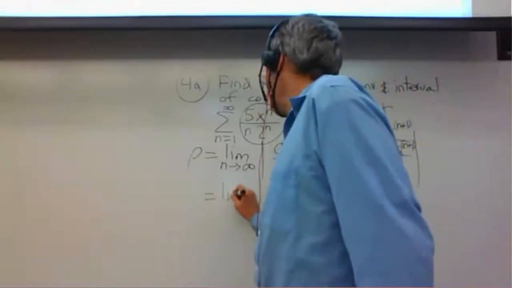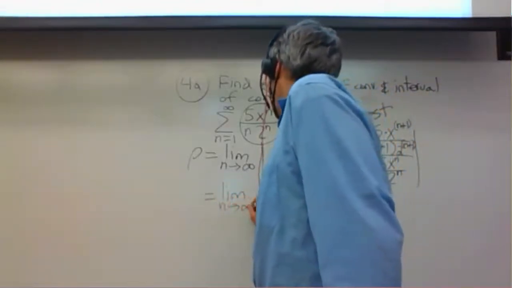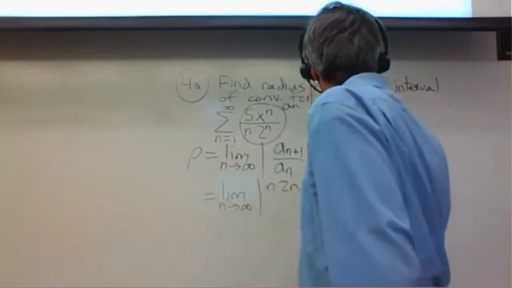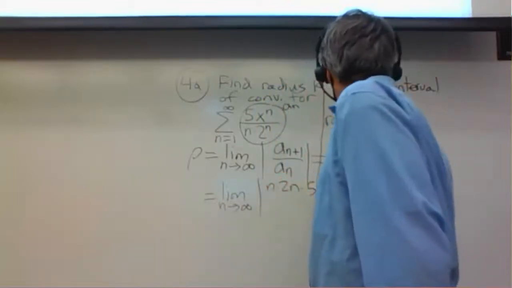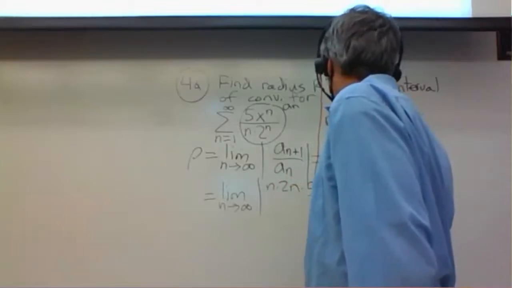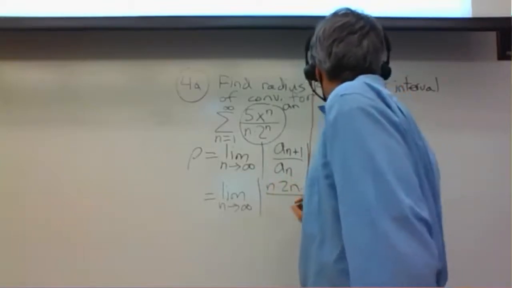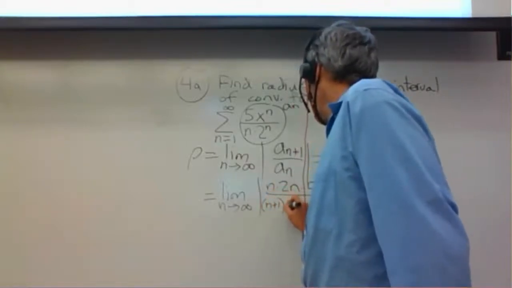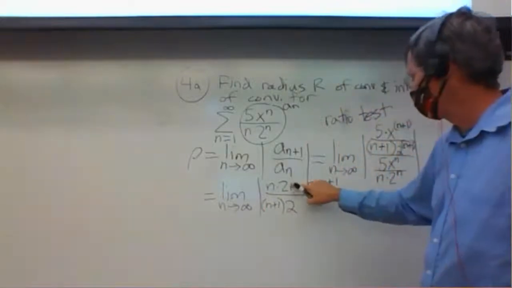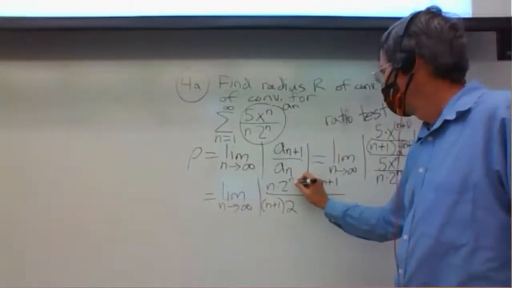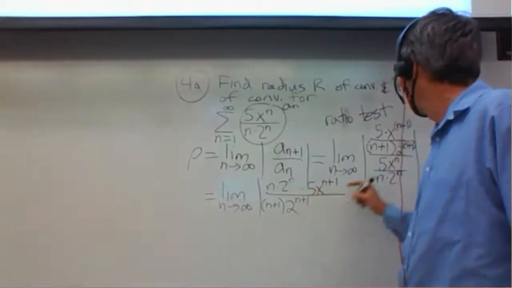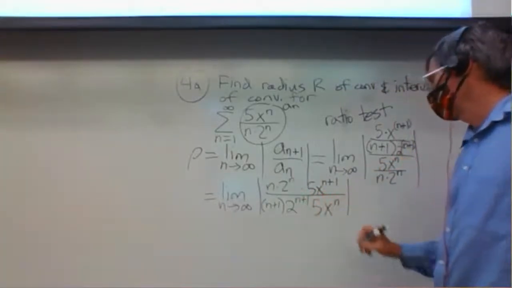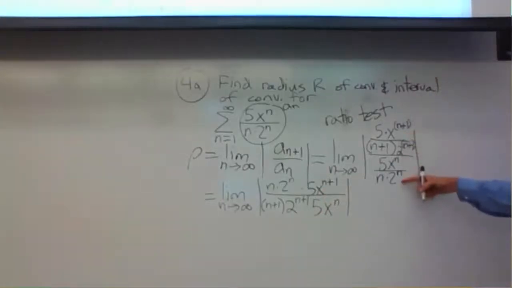This will be the limit as n goes to infinity, absolute value of n times 2 to the n from the very bottom times 5 times x to the n plus 1 on the top, over the middle, n plus 1 times 2 to the n, times 2 to the n plus 1 times 5 times x to the n. There we go. Algebra, top times bottom over middle times middle.